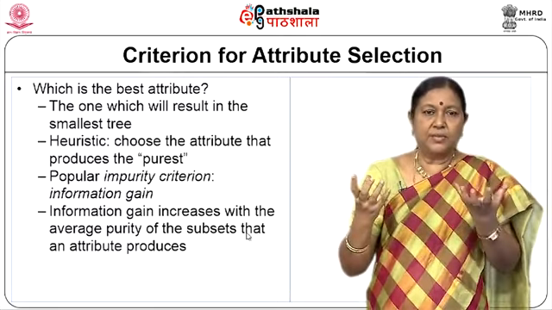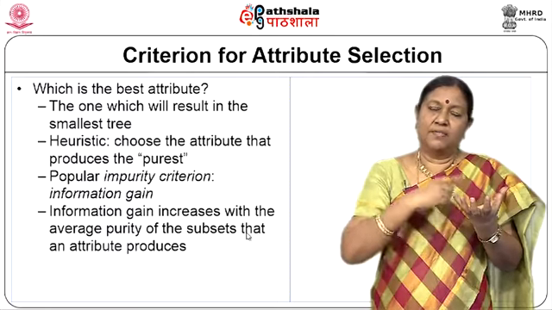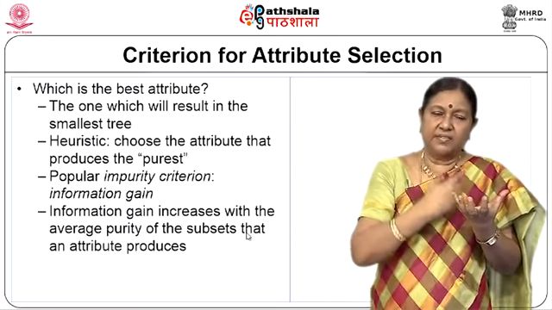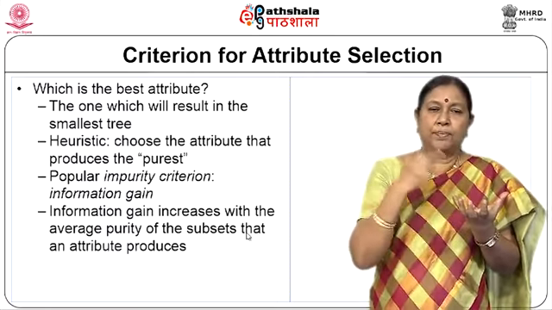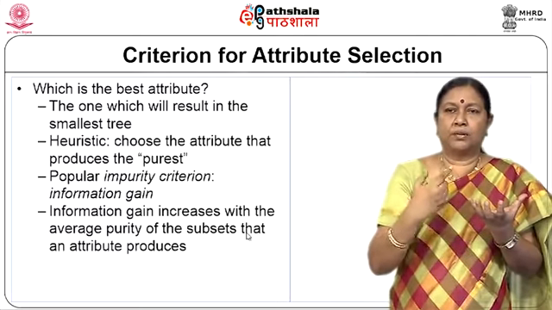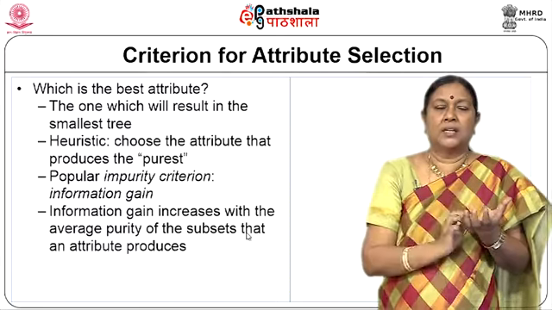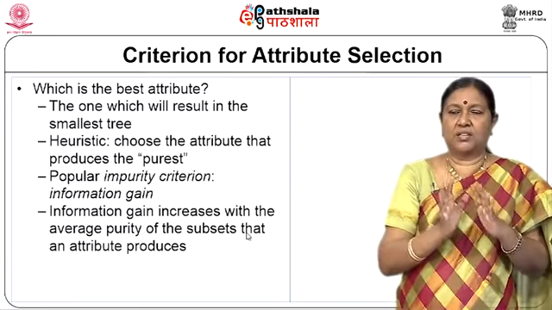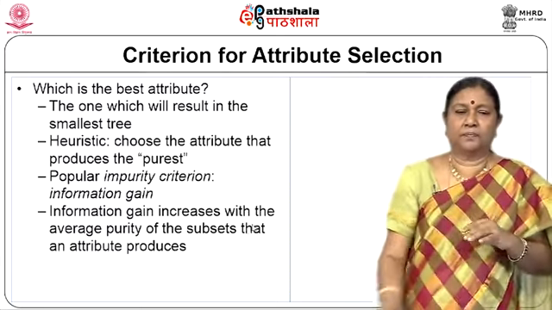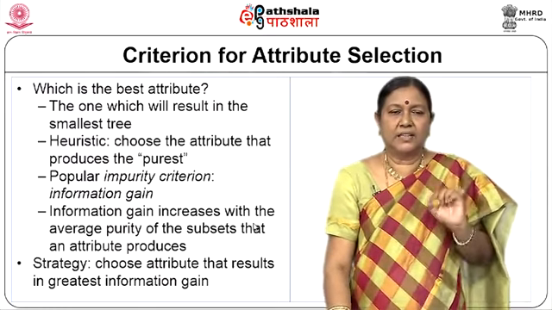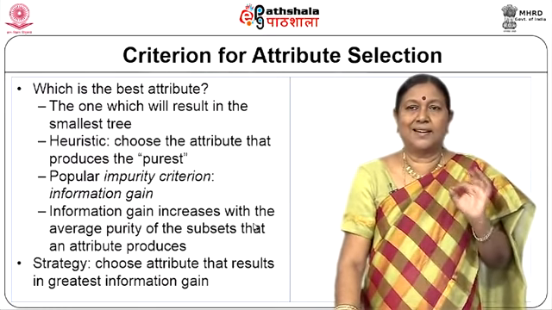If the information gain is increasing, the purity of the subsets the attribute produces will also increase. The more pure it is, the better it is for the decision tree to remain smaller. So, the strategy is to choose the attribute that results in the greatest information gain.